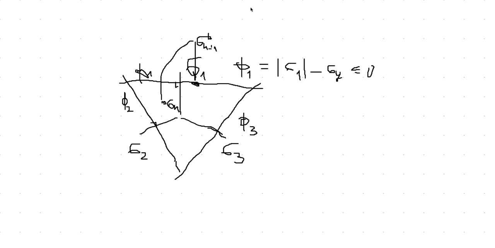I'm not taking into account any hardening; if I did, this would actually move up and so on. So this is my final sigma n plus 1, which is plastically admissible. In this particular case, the only surface that was really active, which brought me down, is surface 1. And this is one scenario.